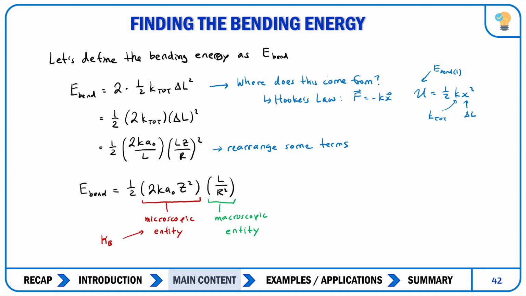Okay, so let's put a star here. The bending modulus kappa B is defined by microscopic quantities.